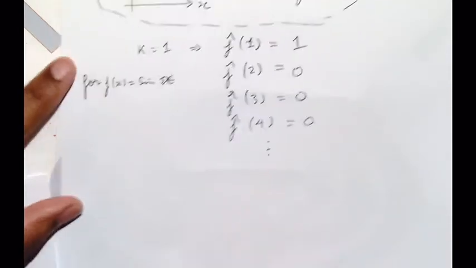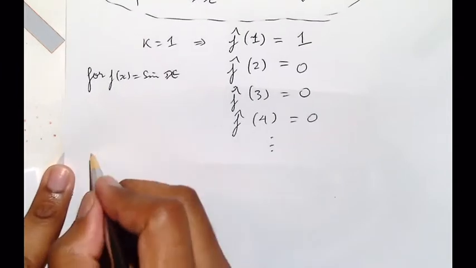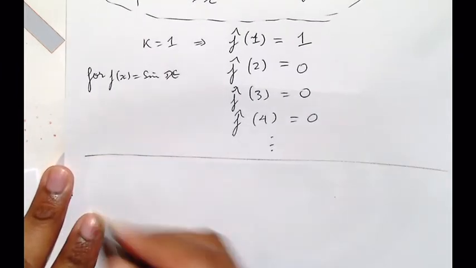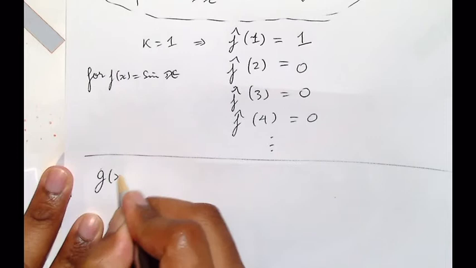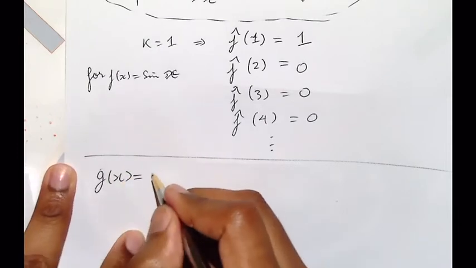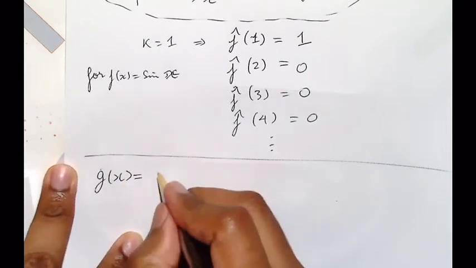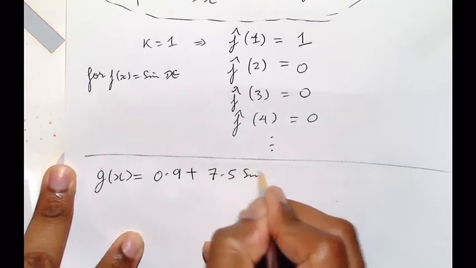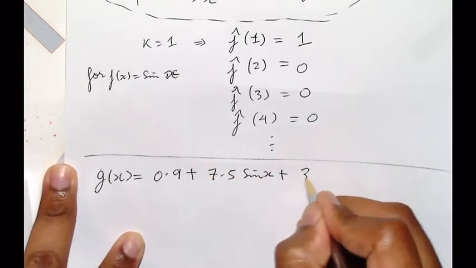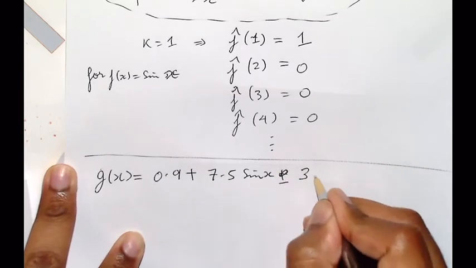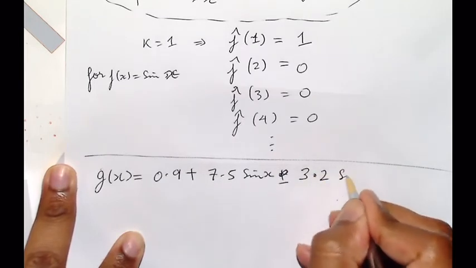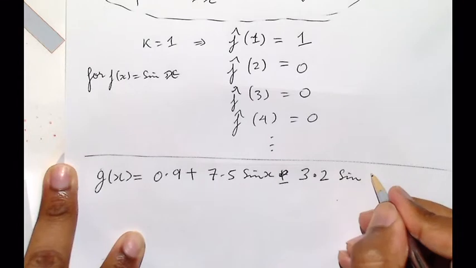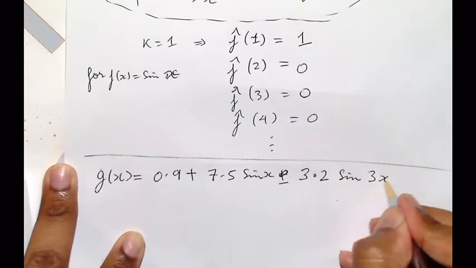So let's, just to make it super clear, let's take another example. Let's take g of x equal 0.9 plus 7.5 sine x plus 3 minus 3.2 sine 3x.